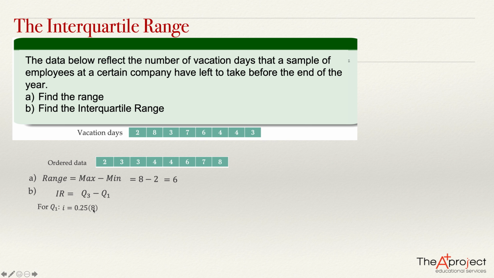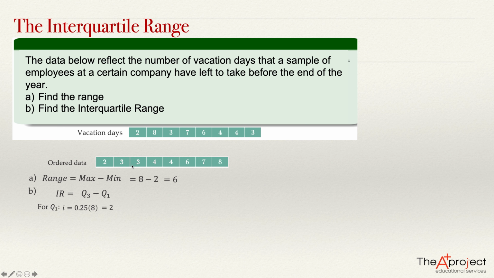Yeah? The size of the sample is 8. So 0.25 times 8 equals 2. So it means that the second data, or close to the second data, will be the quartile 1. So what is it? Because we get a whole number, what we need to do, remember, is get the average between the second value, which is 3, and the next value, which is also 3.